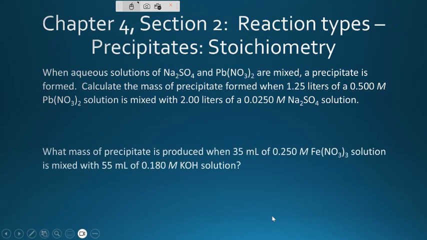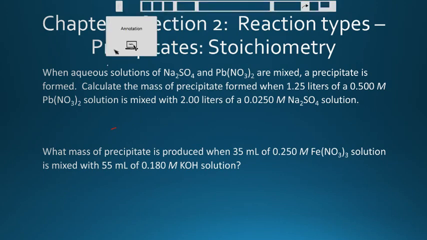All right, let's do one more piece, and that will finish us up for this unit. We're taking a look at a precipitate produced when we have 35 milliliters of iron 3 nitrate mixed with 55 milliliters of potassium hydroxide. So let's go back, switch to a pen.